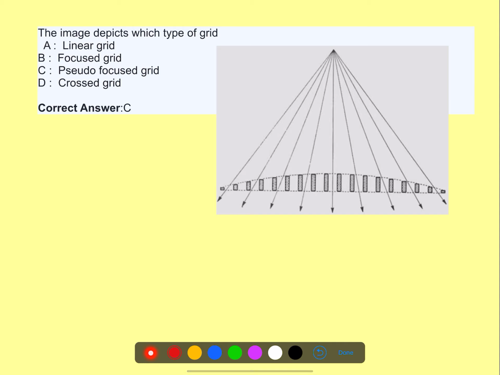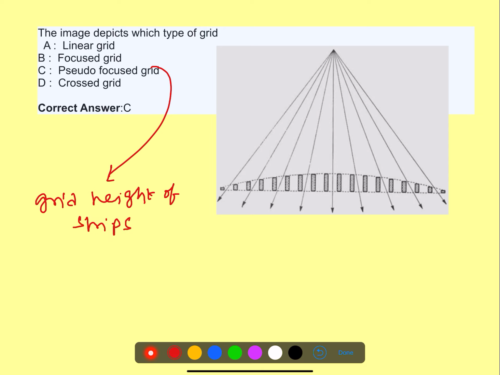The image depicts which type of grid here. So there are 4 types of grids, which are a linear grid, focused grid, and a pseudo focused grid. And the image given is of a pseudo focused grid here. In pseudo focused grid, you can see that the grid height of strips is decreased progressively from center, resulting in decreased grid ratio from center to edge.